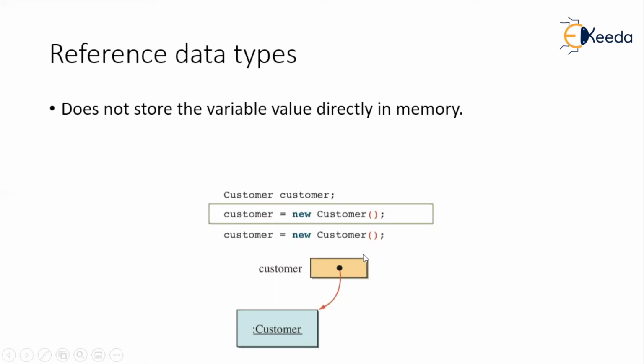So it is not going to hold the data itself. However, it is going to point to the location wherever that object is stored. So if any reference is changed or the object is nullified, so customer equal to null, if we write in this way, then that reference will no more point to the specified object.